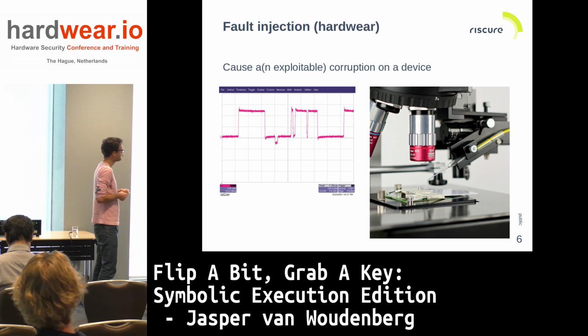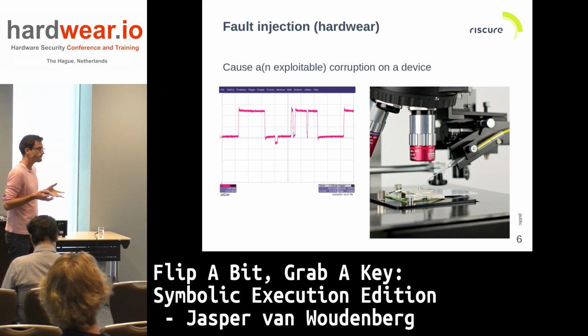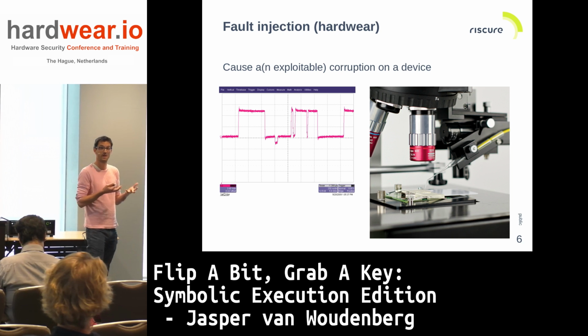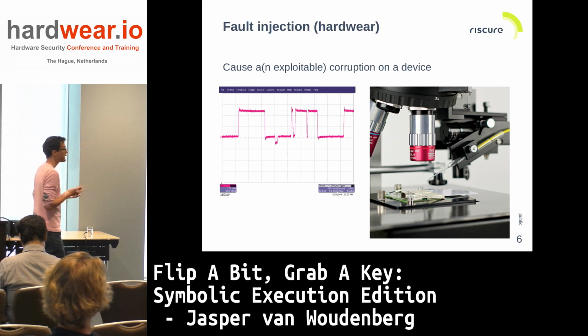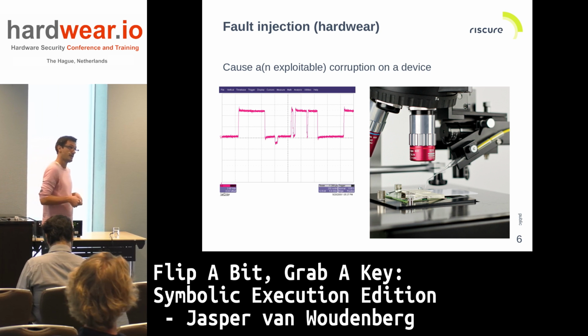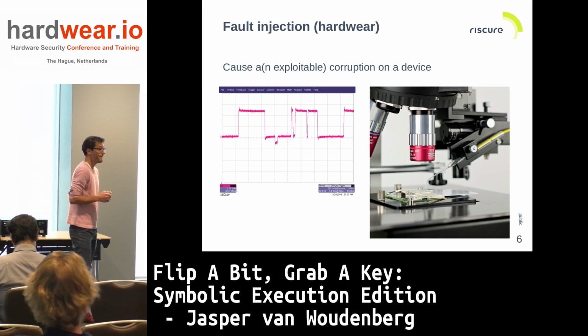Because we can do things like this. We have a piece of hardware, and that means we actually have physical control over its environment. Physical control can mean I can control the power supply to a chip. If it has an external clock, I may be able to control the clock to the chip.